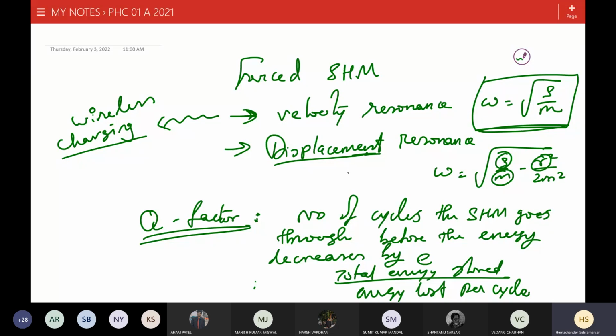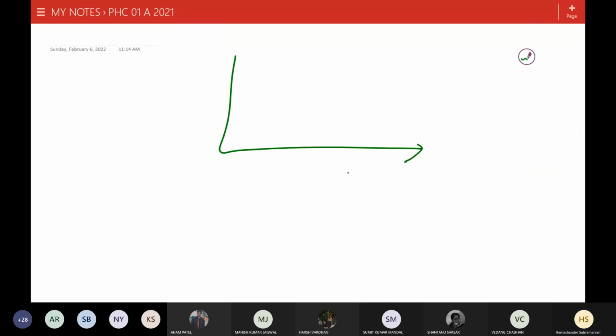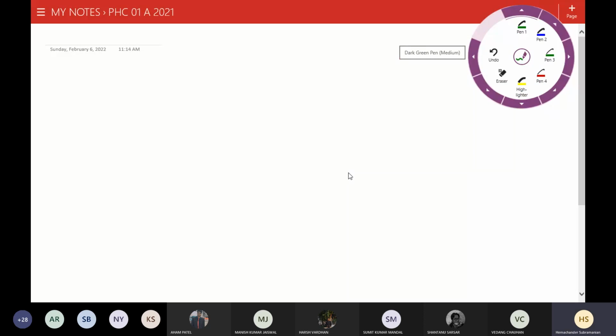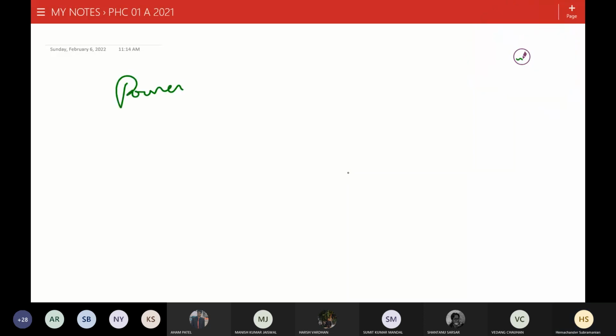Now let me talk about resonance curves. No, okay. Before we talk about that, I'm going to introduce something else. I'm going to introduce power absorbed or supplied to the SHM.